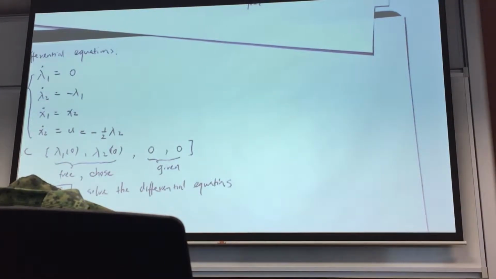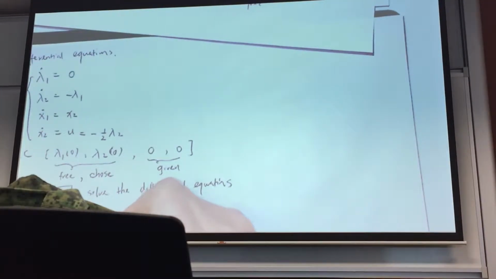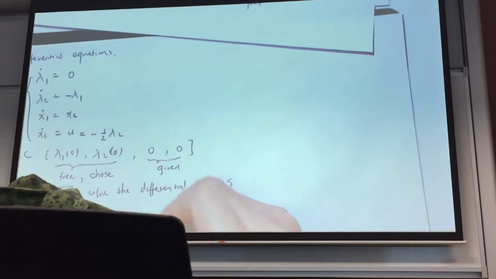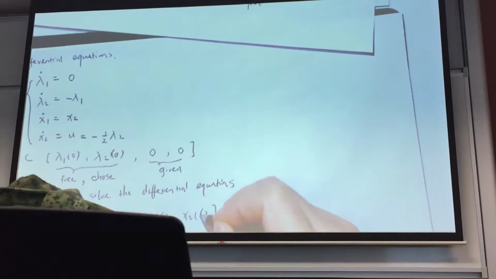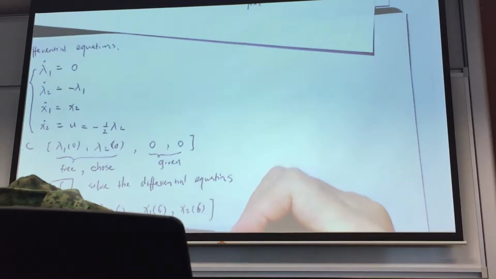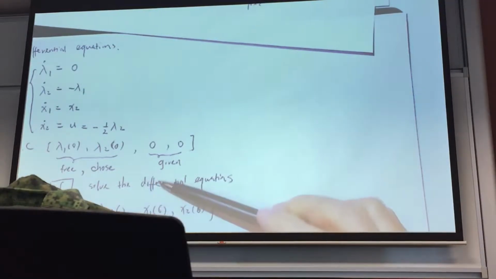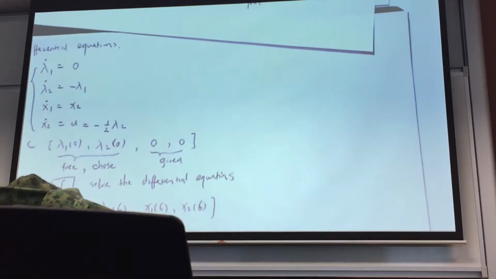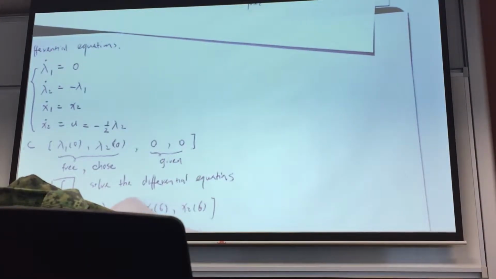So what is our final state? Our final state is lambda 1(6), lambda 2(6), x1(6), and x2(6). Once we solve these equations, these quantities are fixed from our equations. For lambda 1(6) and lambda 2(6), they are free to take any value, so we don't care about the values of these two quantities.